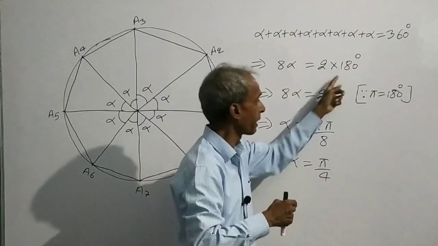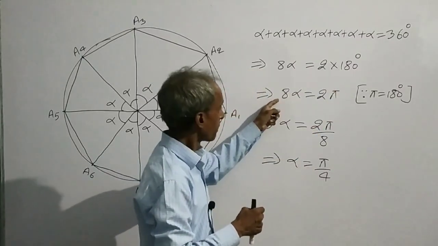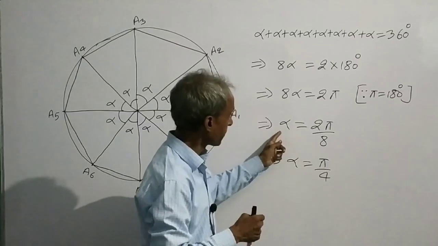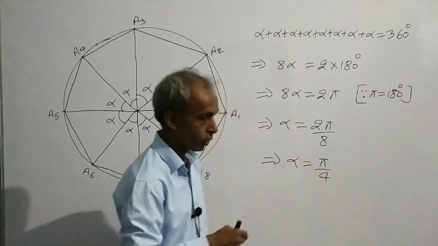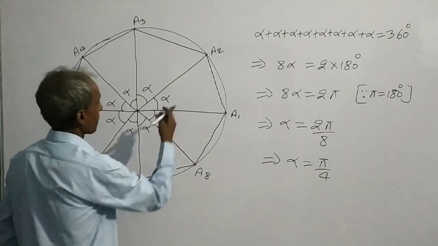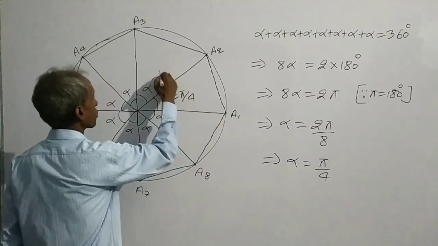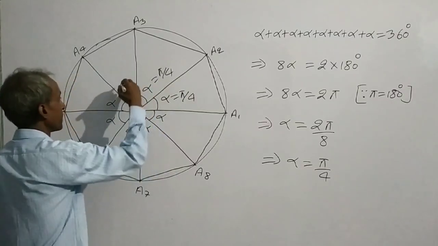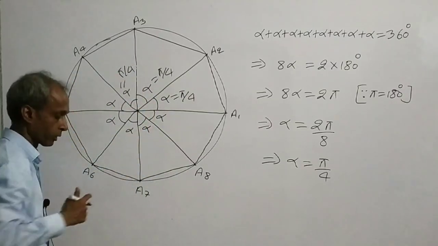Therefore, this will become equal to 2 pi. When we divide by 8, we get alpha is equal to pi by 4. Therefore, this will also be equal to pi by 4, and so on.